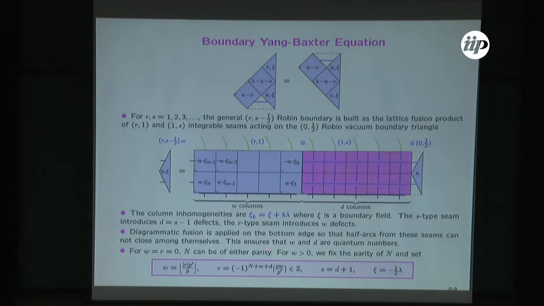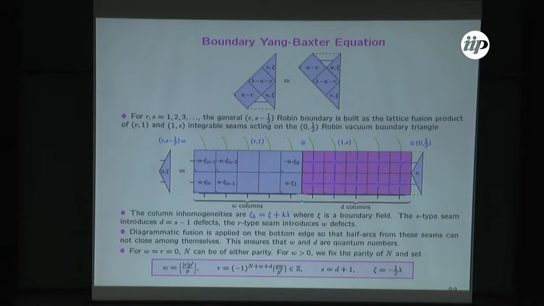In particular, these projectors ensure that W and D are good quantum numbers for this system, so that we can look at sectors labeled by the widths W and D, and these are in a sense labels replacing the Kac labels, but they're related to S and R in rather simple ways.